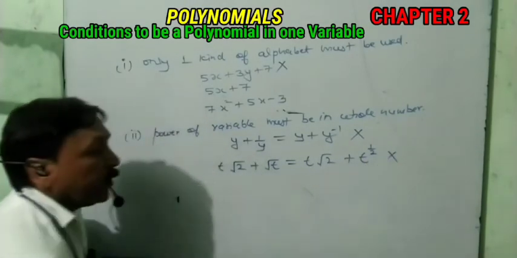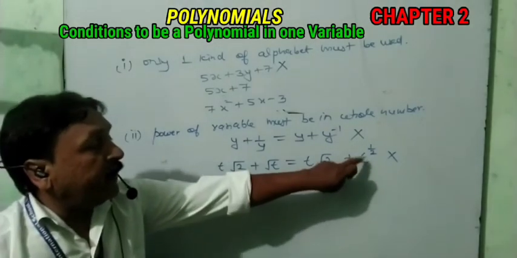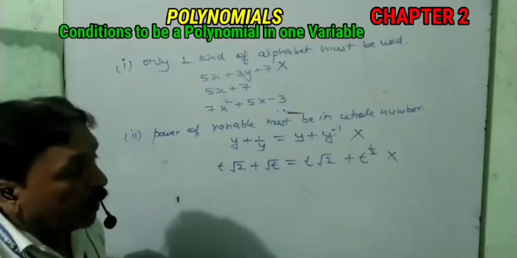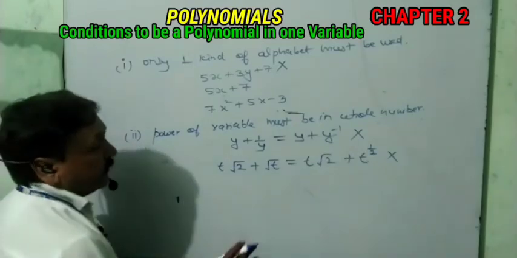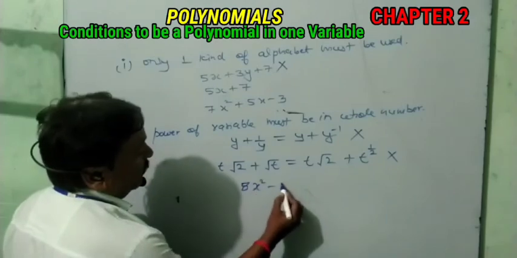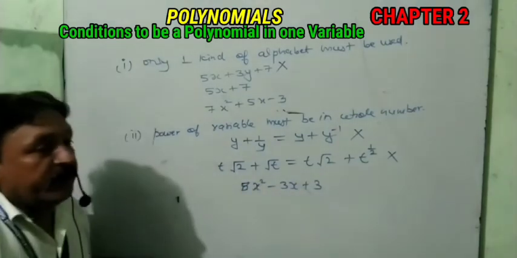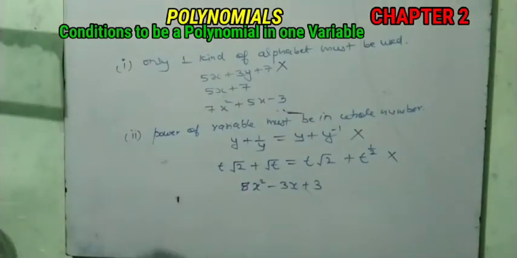So it is also not a polynomial, because the power of the variable is not a whole number. So always keep in mind that the power of the variable must always be a whole number, then only we will take it as a polynomial. Okay, just see it.